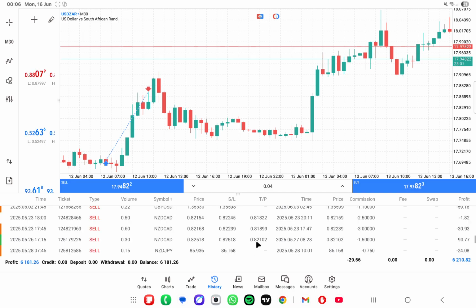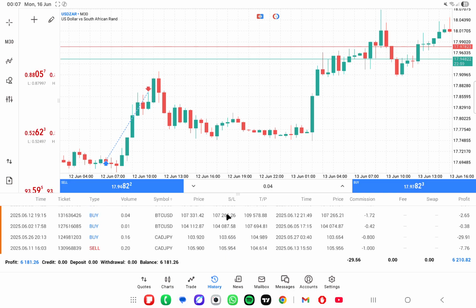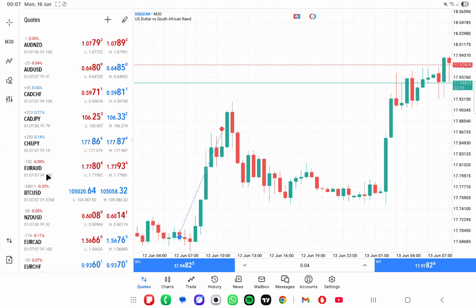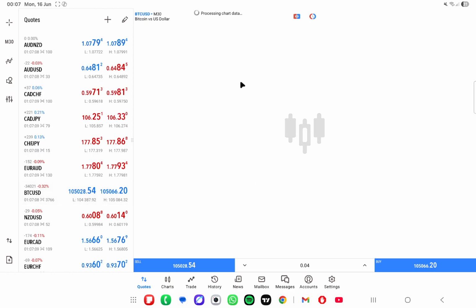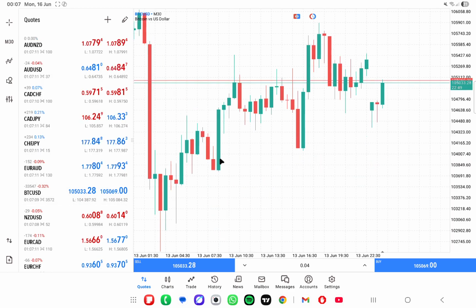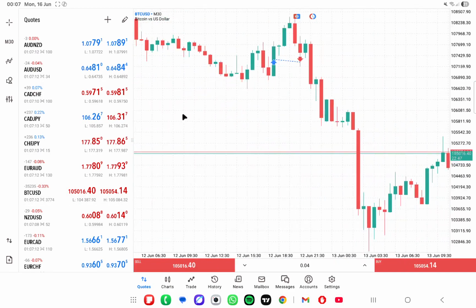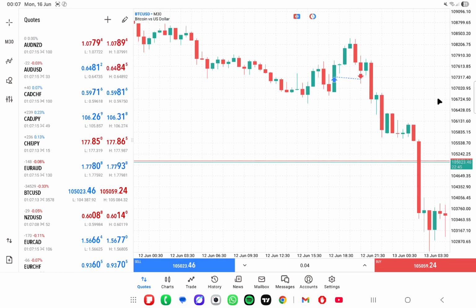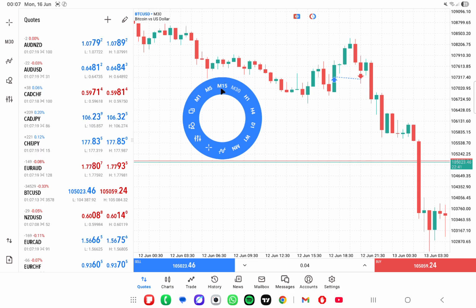And then the other trade that I took, I think it was on Bitcoin. It was this Bitcoin trade. I bought these levels here.